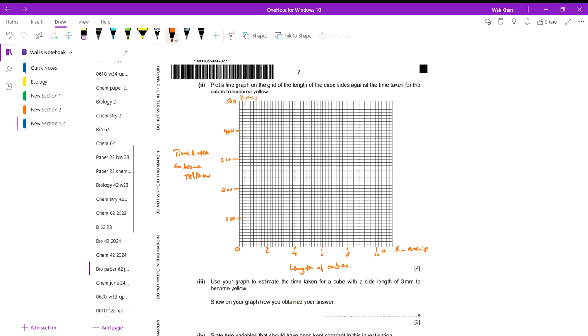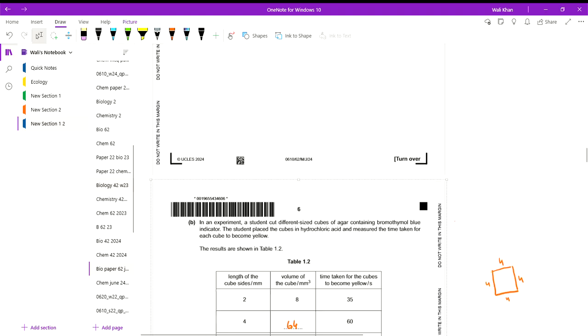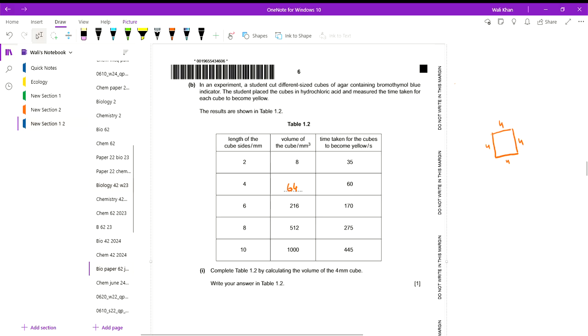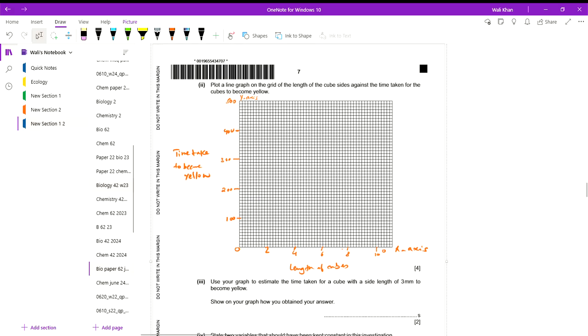Let's plot the graph. So what's our reading? These are 2, 4, 6, 8, 10, and 35, 60, 170, 275, and 445. 10, 20, 30, and here is 35.